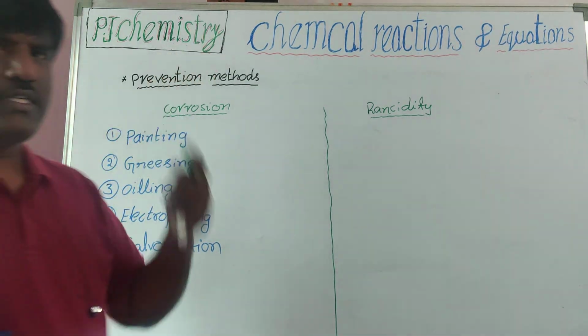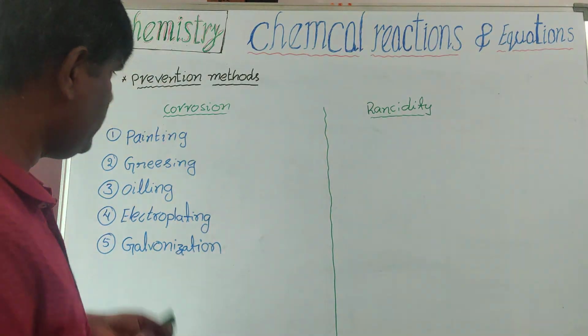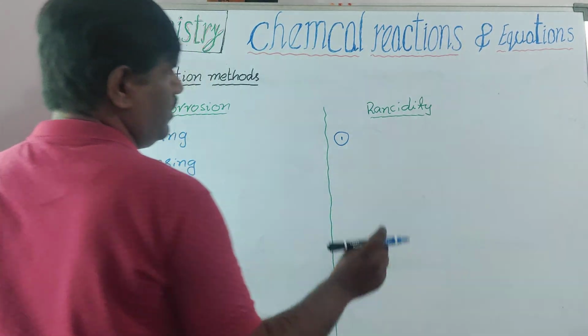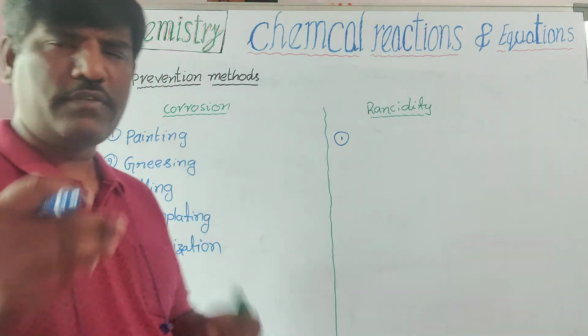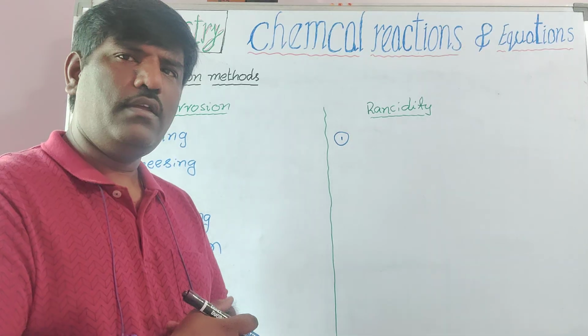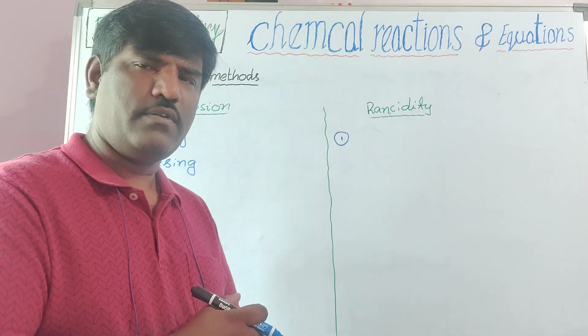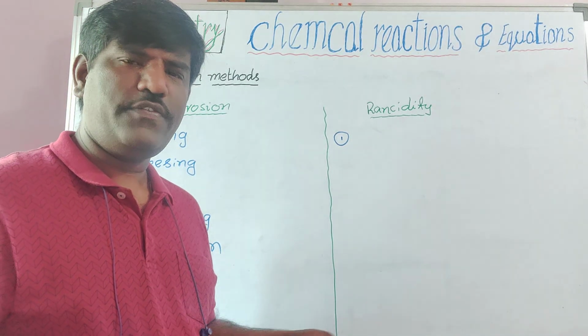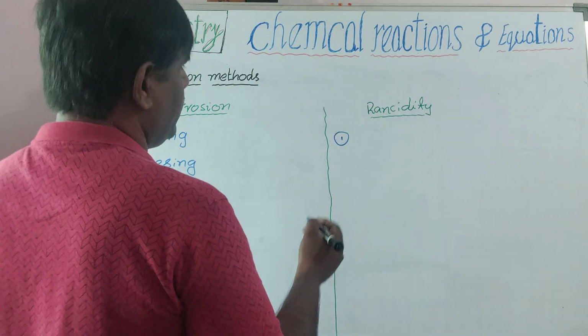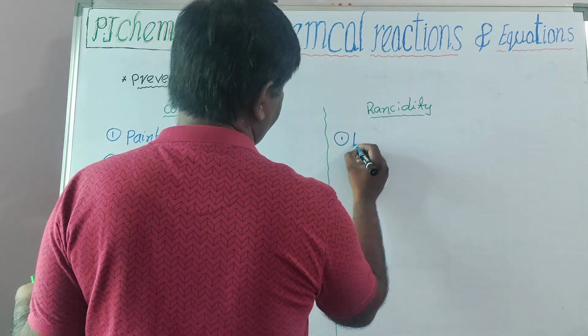Next, what are the prevention methods for rancidity? Rancidity occurs due to contact with oxygen. So if you stop the oxygen, the food stays safe. Generally, in households, we use refrigerators.